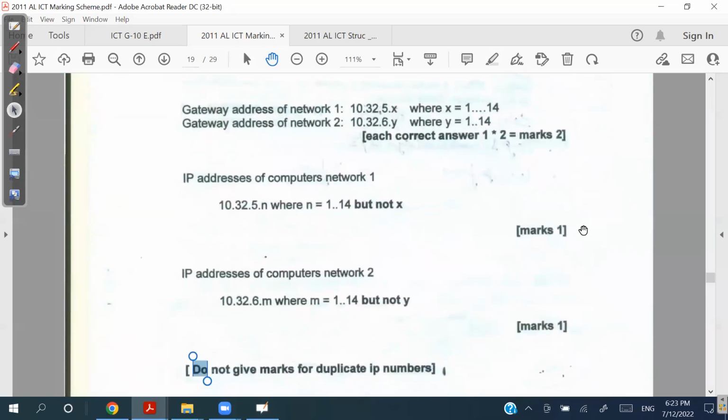Right, so then you have to figure out what are the IP addresses that you can use. To figure that out, first you have to figure out what is the range that you can use, right?